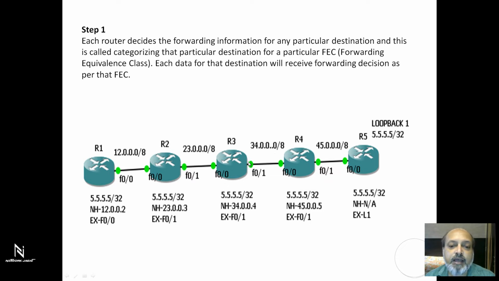This F0/1 interface belongs to router 3, so it is 34.0.0.3, and this F0/0 interface belongs to router 4, so that is 34.0.0.4.